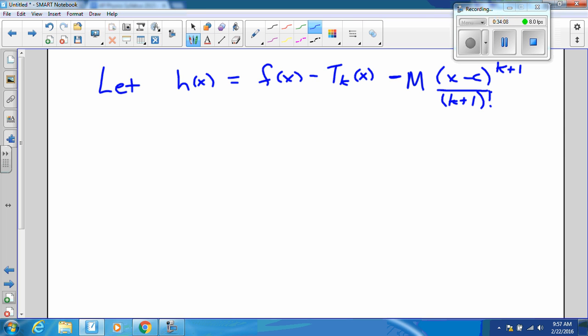And we are going to choose M as a constant so that h of x is exactly equal to 0.